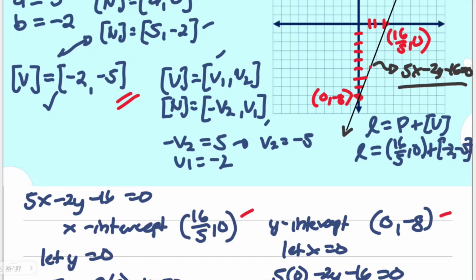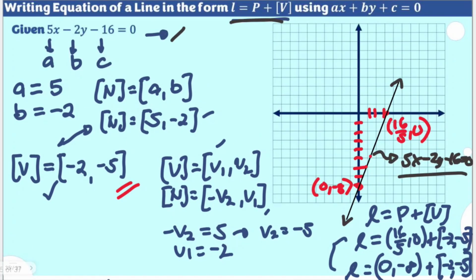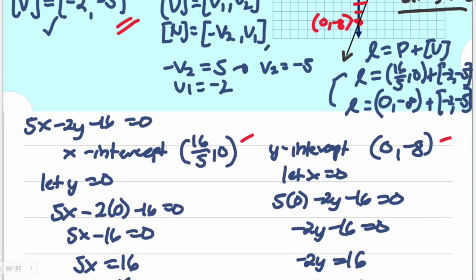Or if you don't like fraction forms, you can use your y-intercept 0, -8 plus the same direction vector. Both of these correspond to the equation of this line in the form L is equal to P plus your vector v.